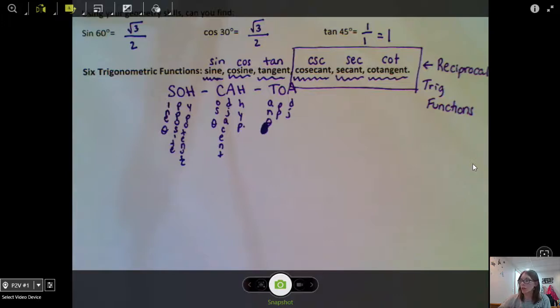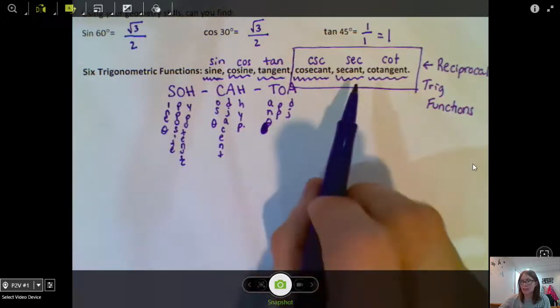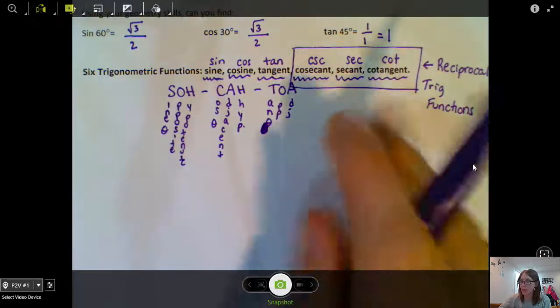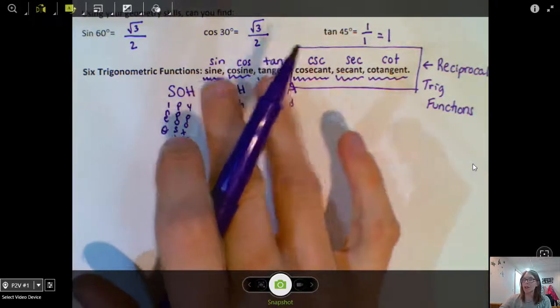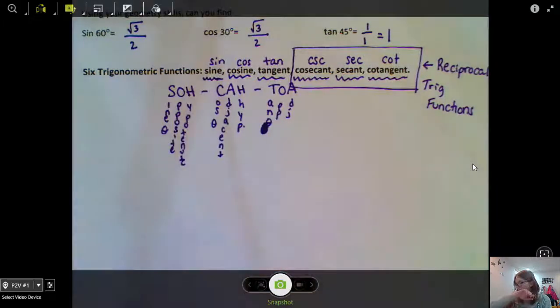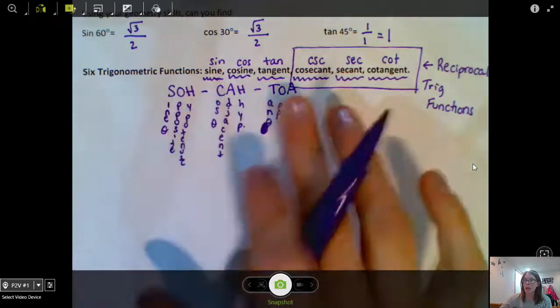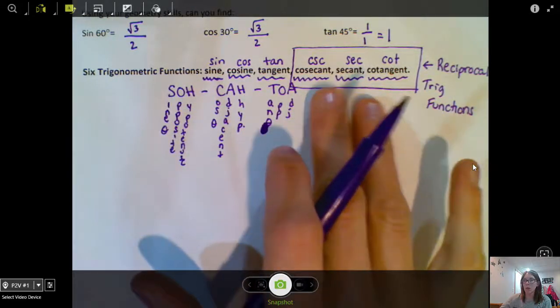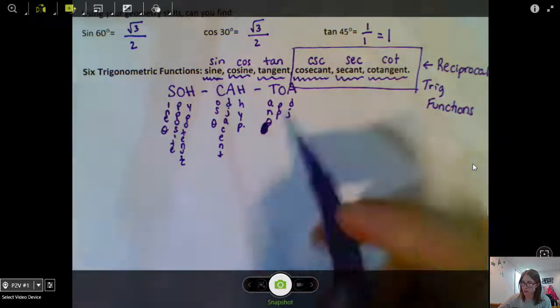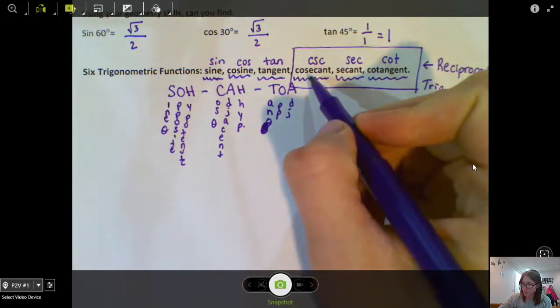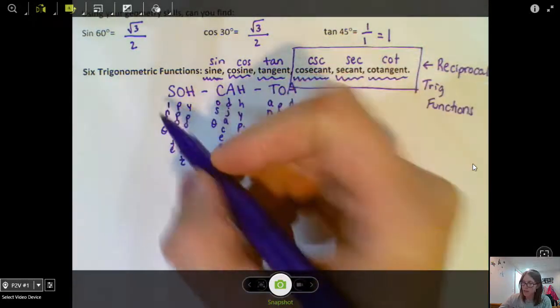Okay, so each of these functions, cosecant, secant, and cotangent, is paired with either sine, cosine, or tangent. And that helps us figure out what each one represents. So as long as you remember SOHCAHTOA and how each of these are paired, you're in good shape. So cosecant is the reciprocal of sine.